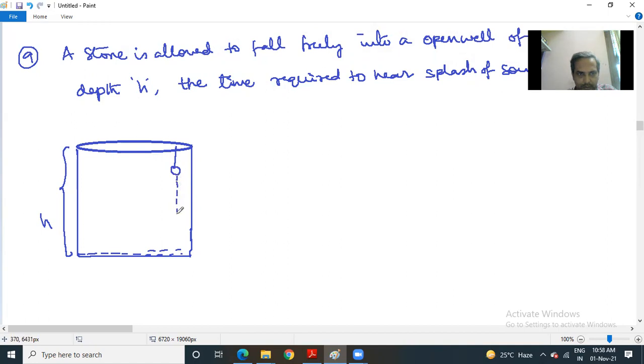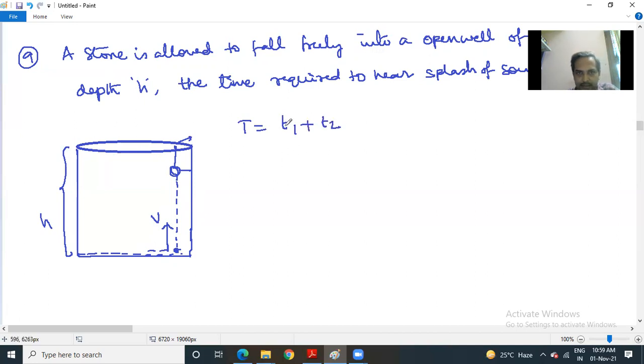It takes a time to touch the water surface, say T1. Until it touches the water surface, it behaves like a freely falling body. Then sound will be produced, and that sound will travel with its speed v, which is uniform. He has to wait until the stone touches the water, and thereafter the sound reaches the person here. So the total time is equal to T1 plus T2.